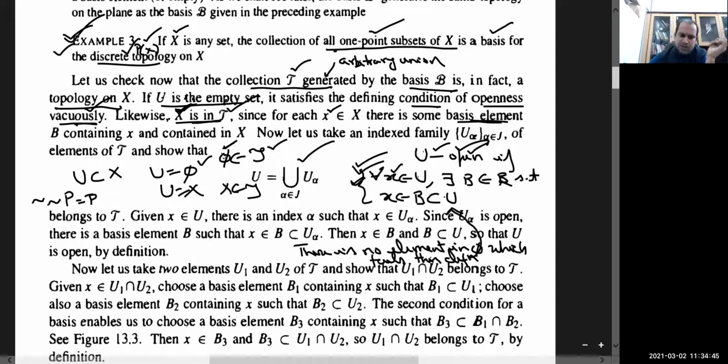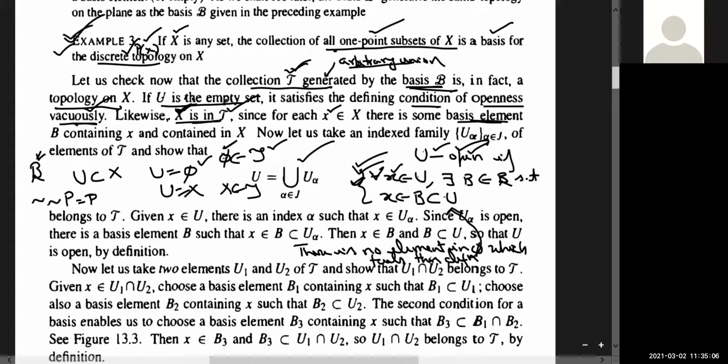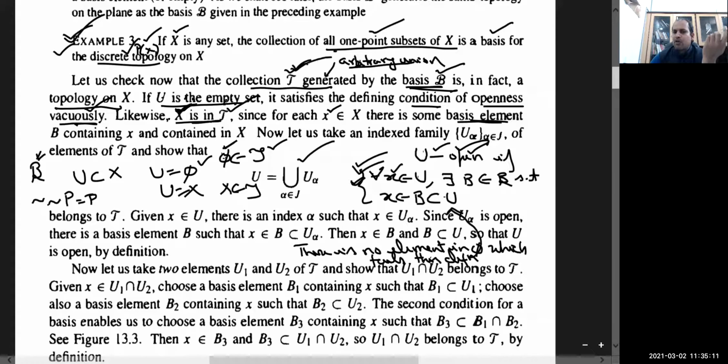See, it is assumed that B is the basis. We need to check that this collection T, which is generated by the members of the basis, that is, the collection of all sets generated by taking arbitrary unions of the members of B, is going to form the topology. So we know that the first condition of topology is that phi and X should be there.